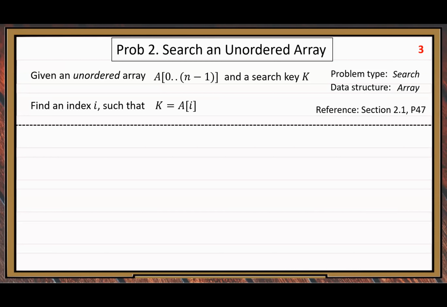The reference in the textbook, I also put here, section 2.1. To solve this problem is actually pretty easy. Everyone here, I believe, can solve it easily. But when we learn this example, there is something important we need to learn.